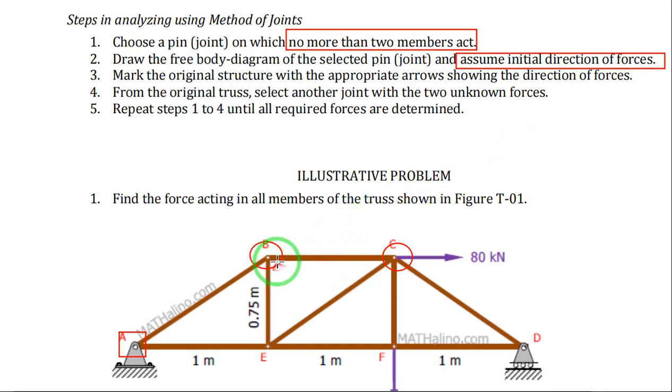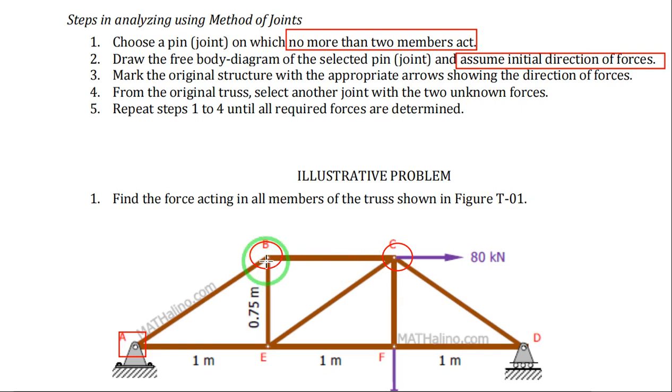So if you draw the free body diagram here at joint B, you have a force for member AB, a force for member BC, and a force for member BE. You can assume the direction of BC as tension, meaning away from this joint.